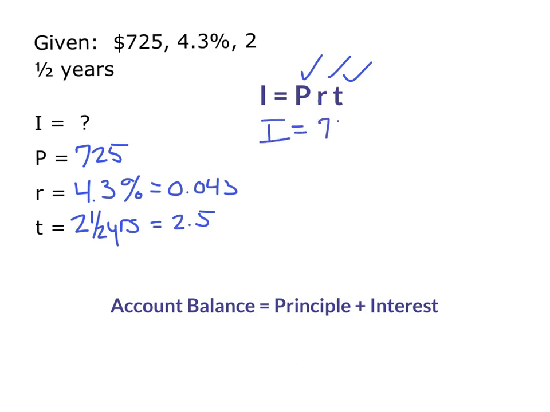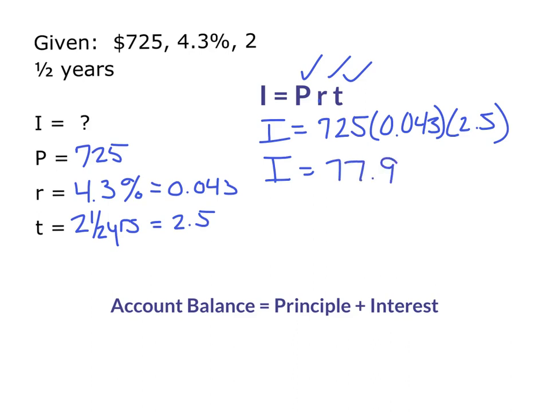My principal is 725 times 0.043 times 2.5. So when I put that through on the calculator, I get 77.9375, but because it is money, I have to round to the nearest penny, which is the hundredths place, and when I round that, it would be 77.94.